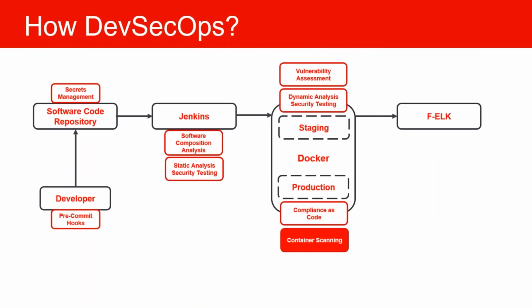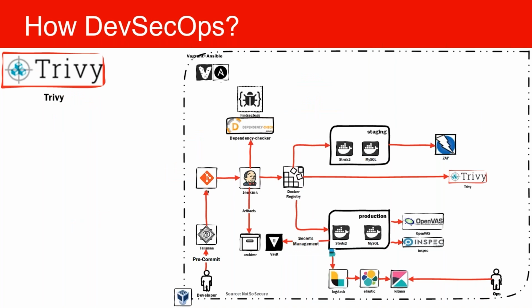Now, the next thing that we want to do is perform container scanning, because a lot of our developers directly pull images from Docker Hub or from other open source libraries. We don't know the security posture of these open source libraries, whether these Docker images have been created with security in mind or not.